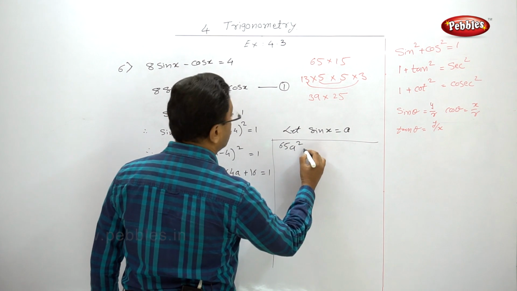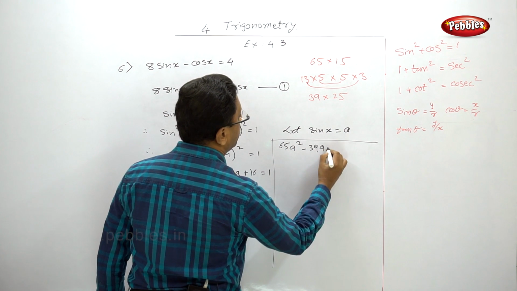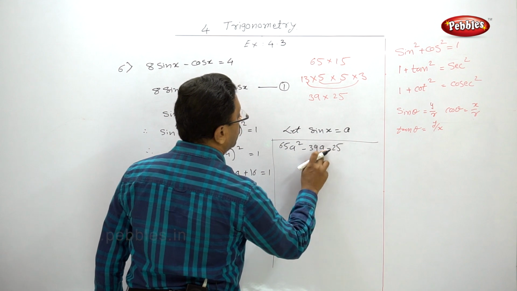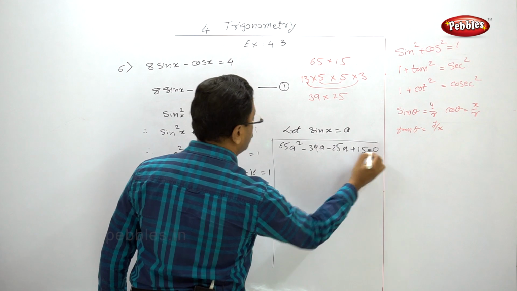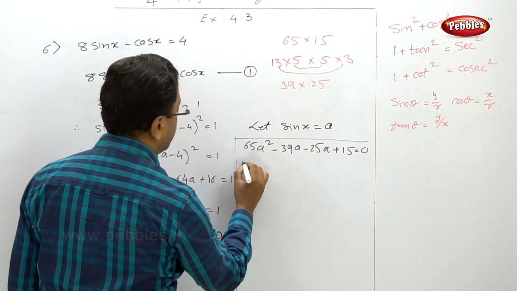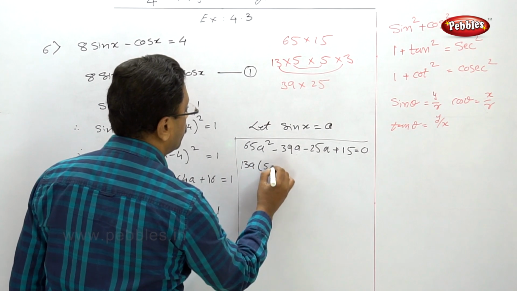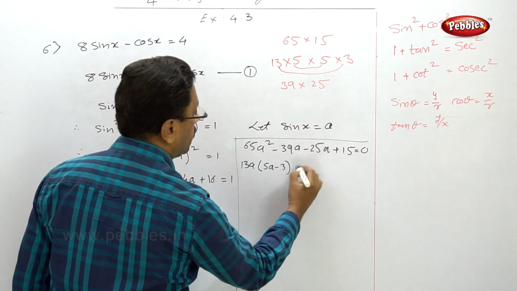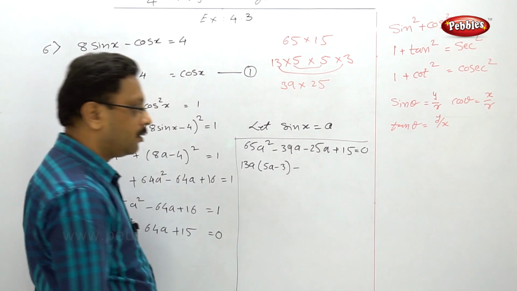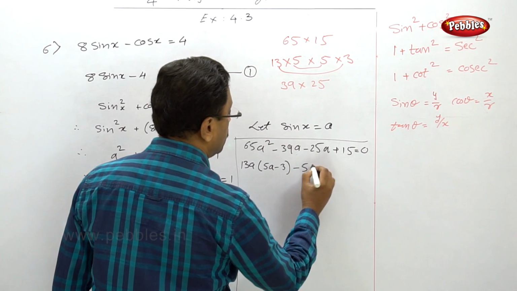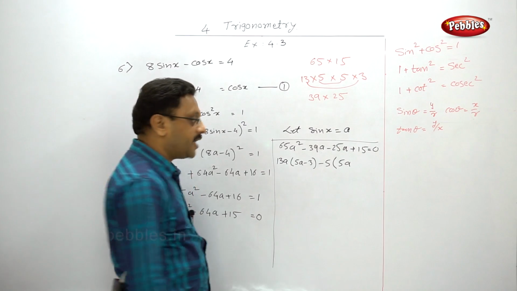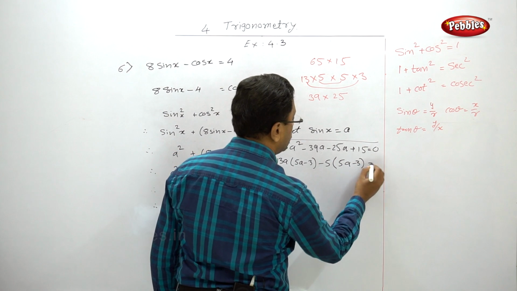So we will have 65a square minus 39a minus 25a plus 15 equal to 0. So here I'll get 13a common, 5a minus 3, and minus 5 I have, so 5a minus 3 equal to 0.